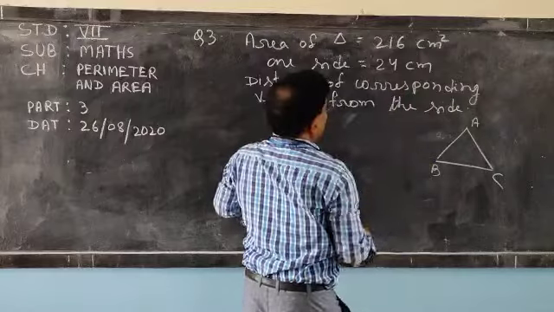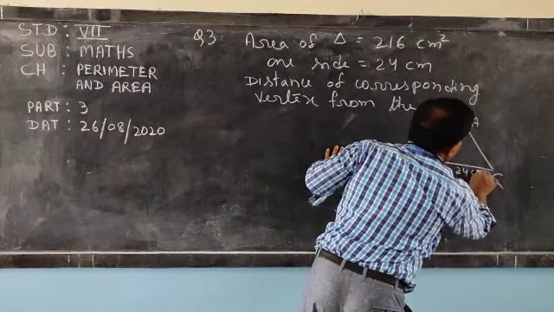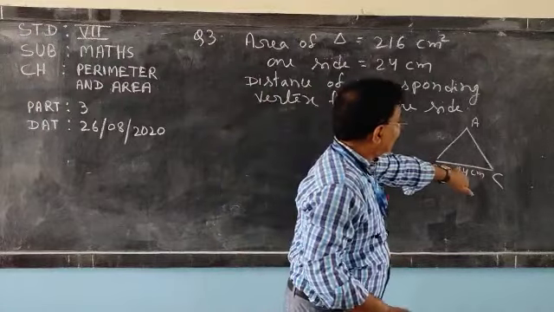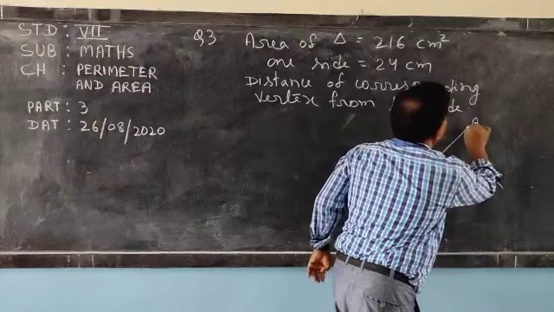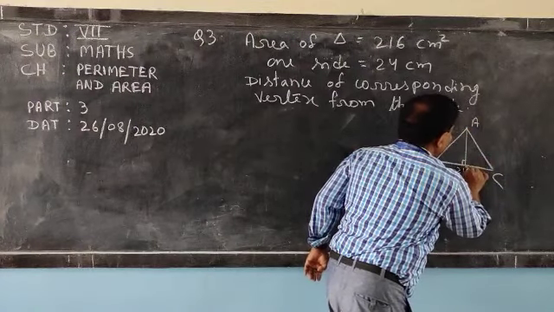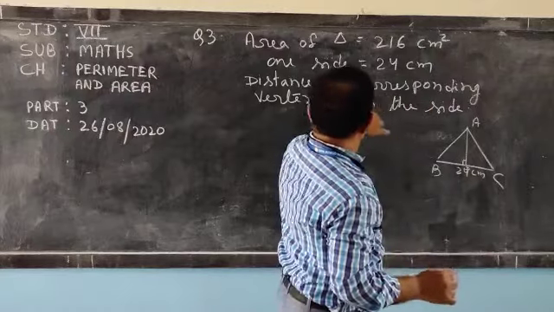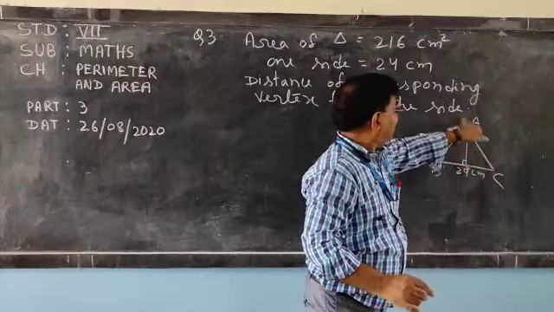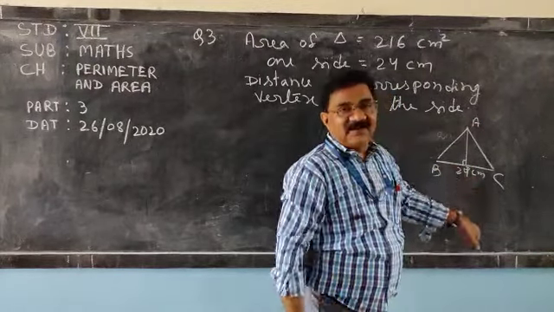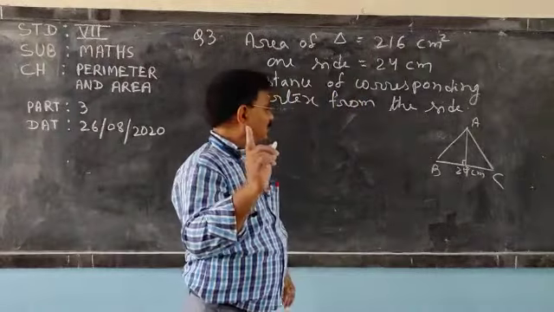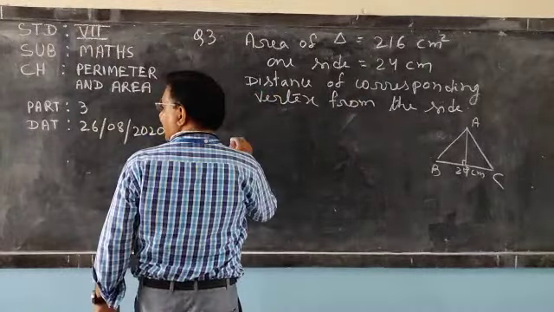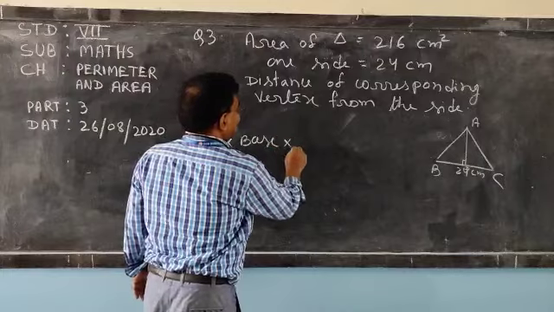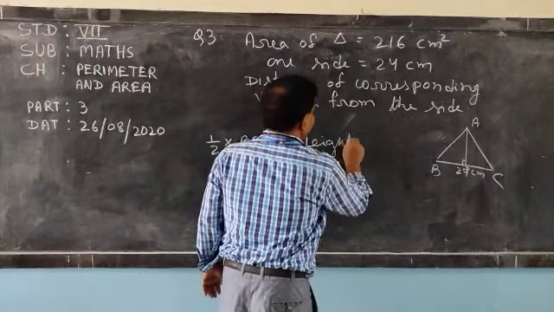Area is given and one side is 24 centimeter. You are asked the distance of the corresponding vertex. The corresponding vertex will be A, meaning you are asked to find this AD, the distance of vertex A from the side. It means you are asked to find the height. Very clear or not? And we are moving with half into base into height is equal to area of triangle.